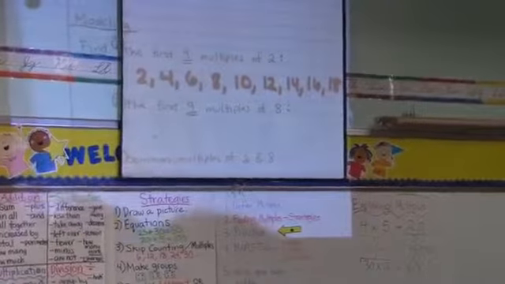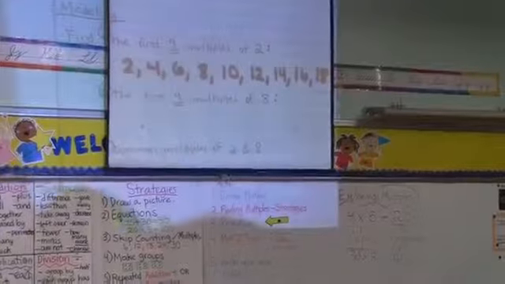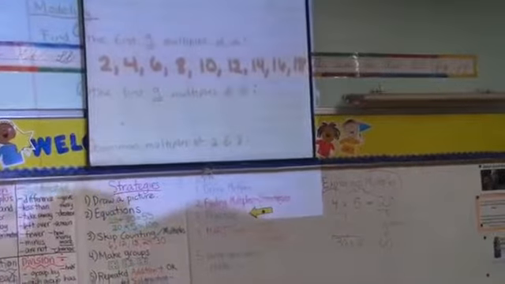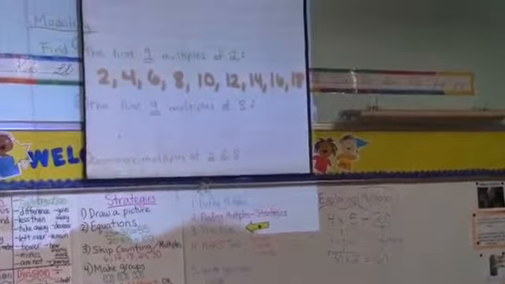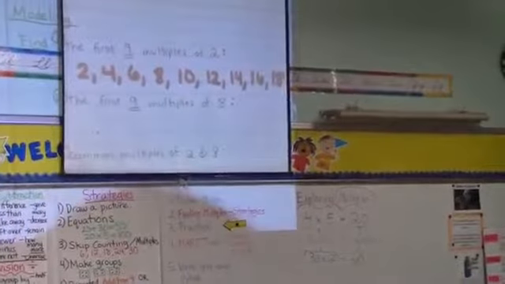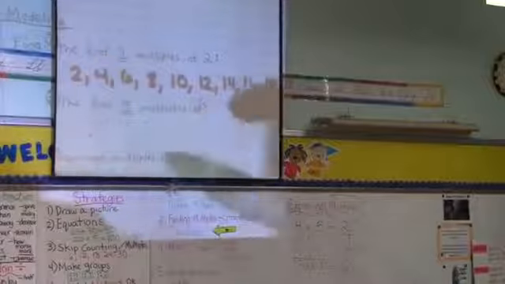And most of you know your timetables already, right? So we can do skip counting, but I'm going to use the strategy of using multiplication equations for some of you that aren't fully there with your multiples of 8, okay? But with some more practice, you're going to get there, right?